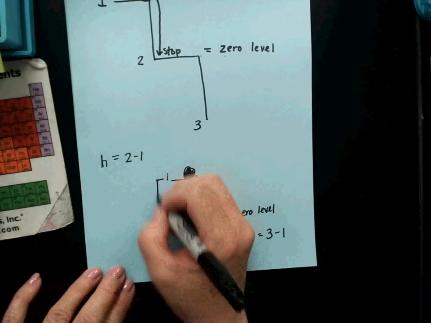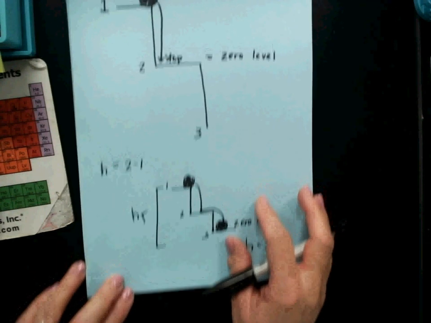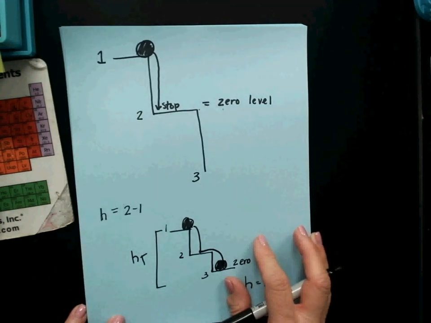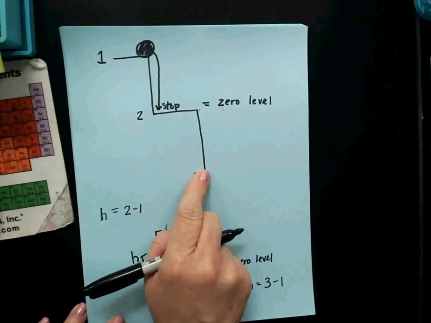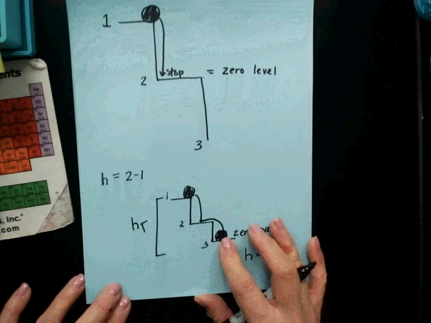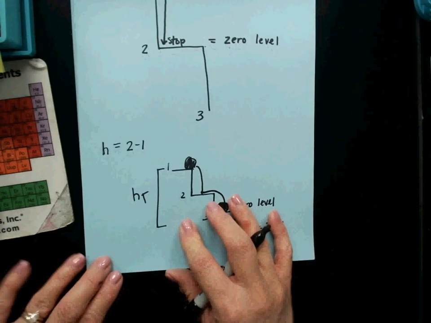Here my height would be the 3 minus 1, or h total in that diagram. Up here, from where the ball starts, that's not really total height. It has potential to go further.